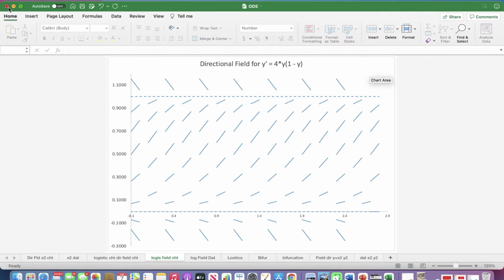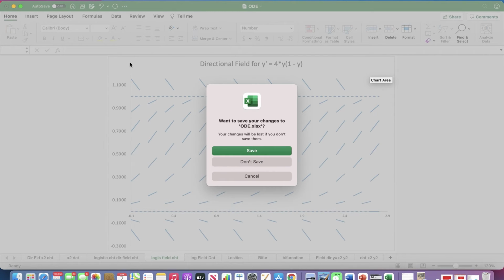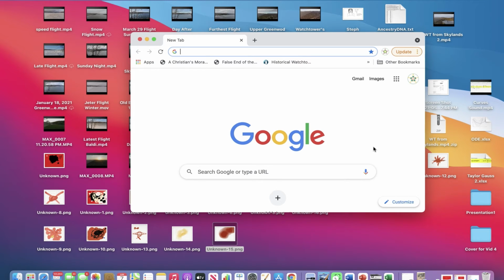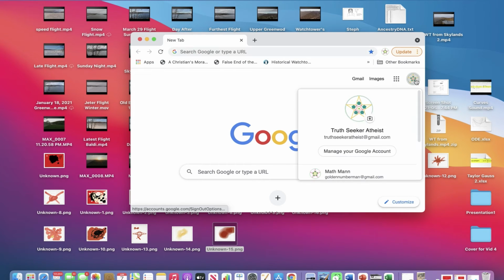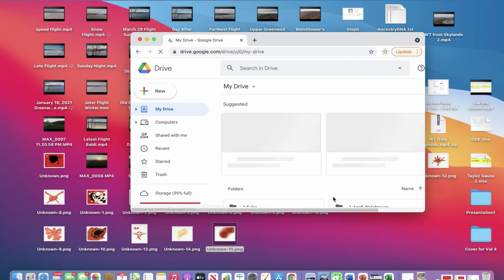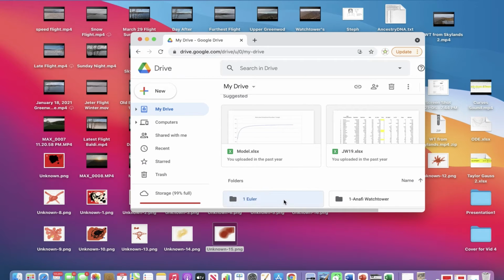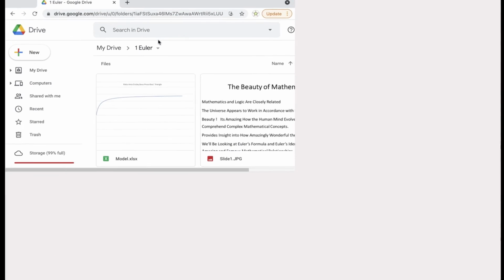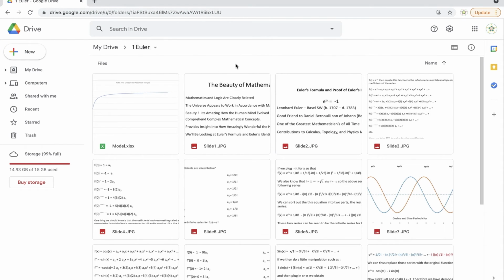Now I'll pull down another. Oops, I'm gonna save that, and I will open up another. I think it's interesting. Another spreadsheet that I created. All right. I call it ODE2.